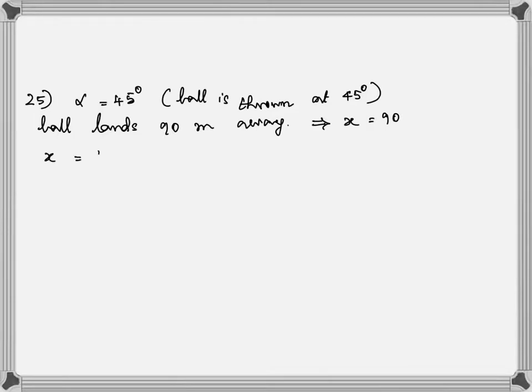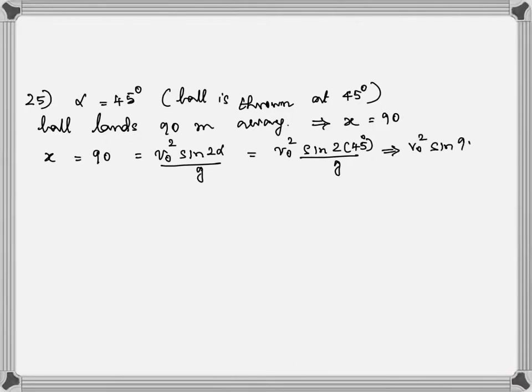Using this information, x equals 90, which is equal to V0 squared sine of 2 alpha divided by g, but alpha is 45, so we substitute 45 degrees here. We are going to have V0 squared sine of 90 divided by g. Sine 90 is 1. So we get 90 equal to V0 squared over g. So V0 squared equals 90 times g.